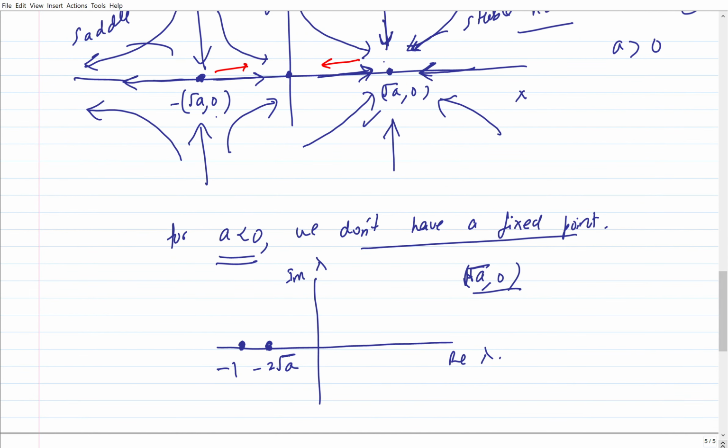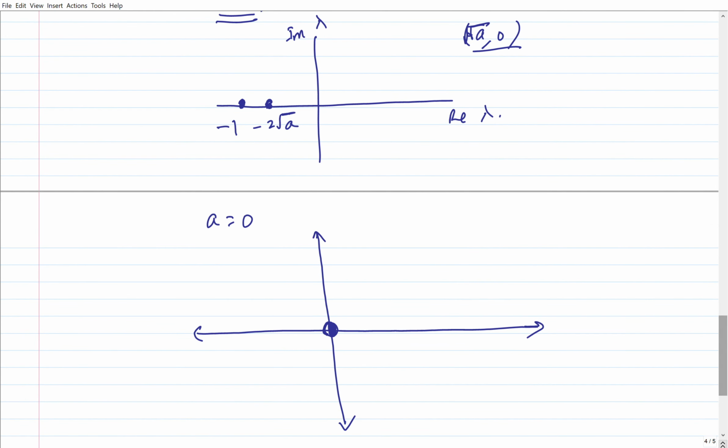This fixed point is coming this way. This fixed point, I should call it not with a full color circle. This is actually a saddle. And these fixed points collide for a equals 0. I have trajectories going this way, and in this direction I have trajectories repelling.